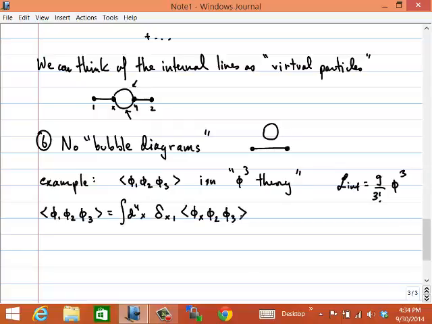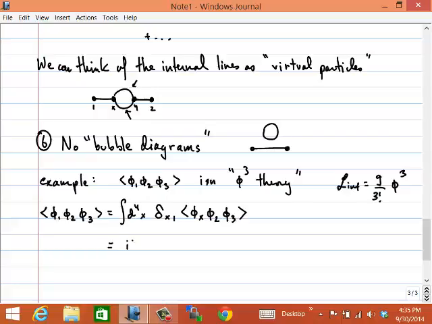Here I'm using the short notation where delta sub x1 is the delta function between x and x1. All I've done is say that this function phi of x1 is equal to the integral d4x of delta x1 times that function of x.